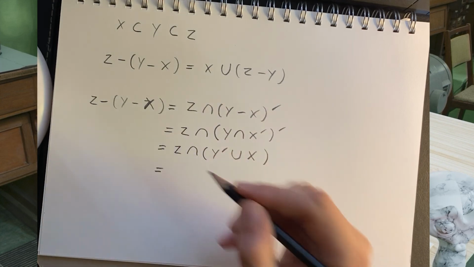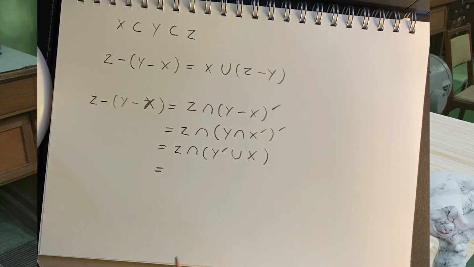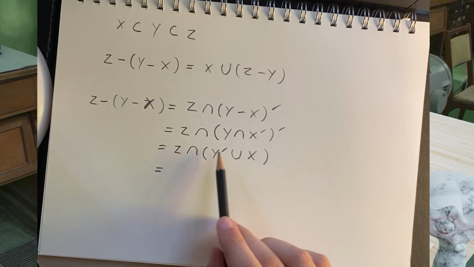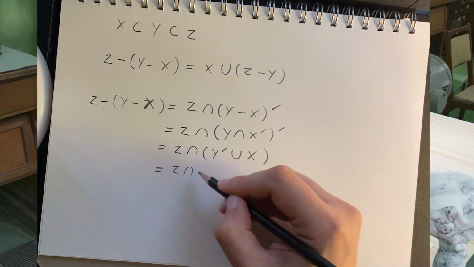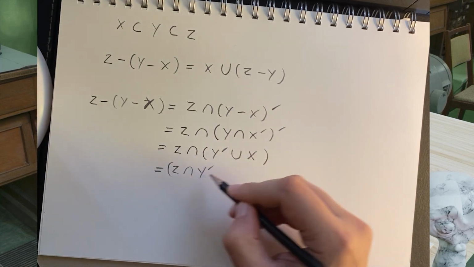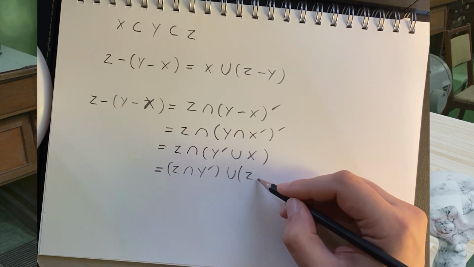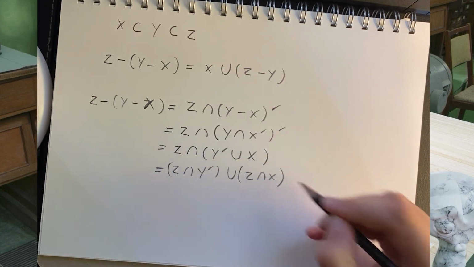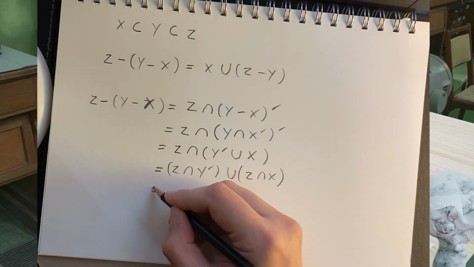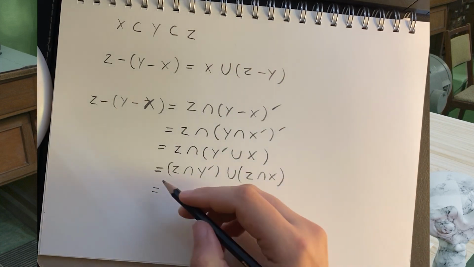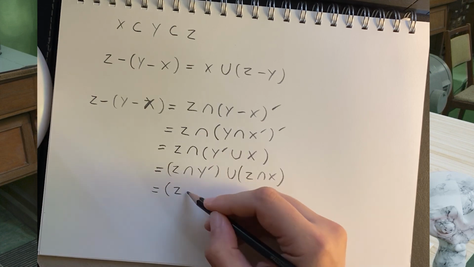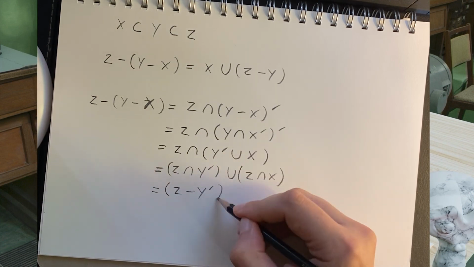And then we will apply distributive law. So we'll have Z and not Y, or Z and X. So this is set subtraction.